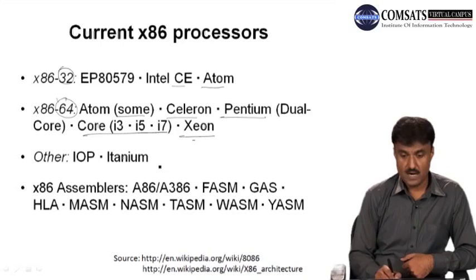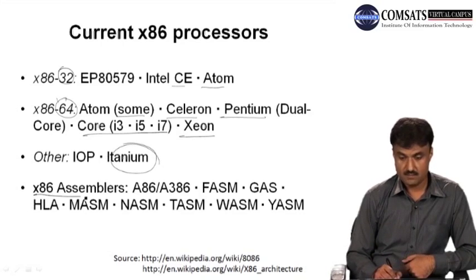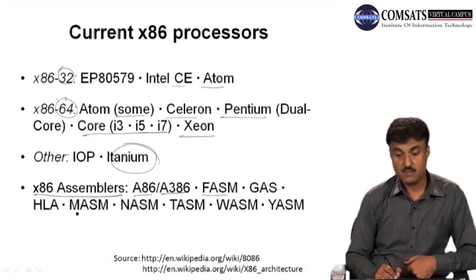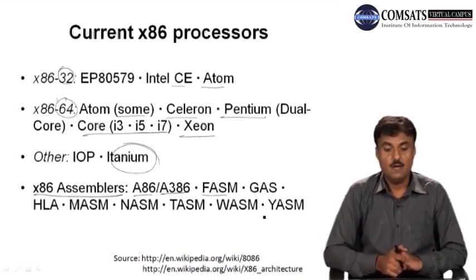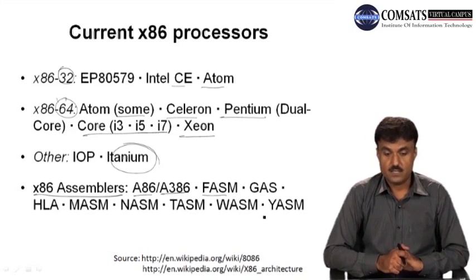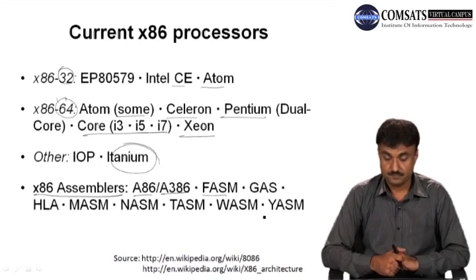We also have the Itanium processor. And there are x86 assemblers: A86, A386, FASM, GAS, HLA, MASM, NASM, TASM, WASM, and YASM. All these assemblers support the x86 architecture.